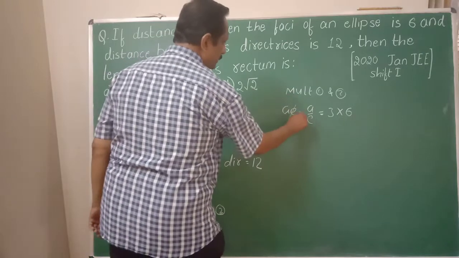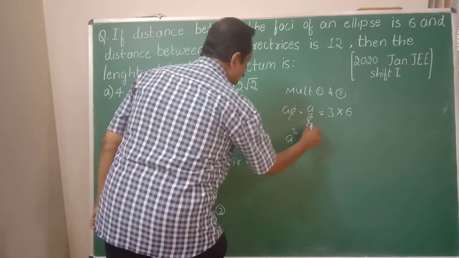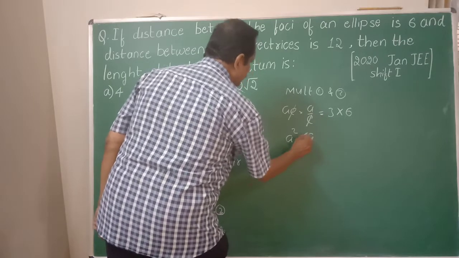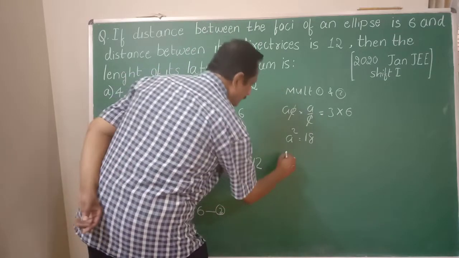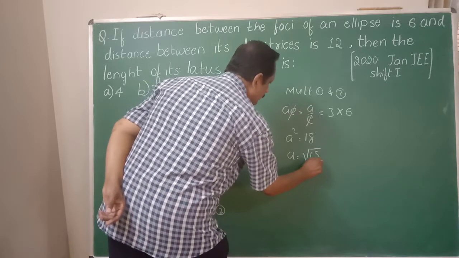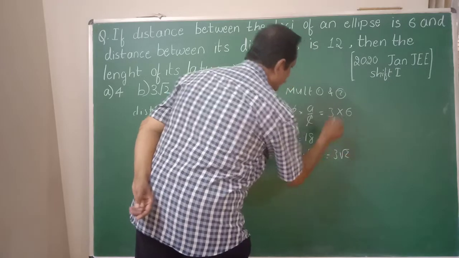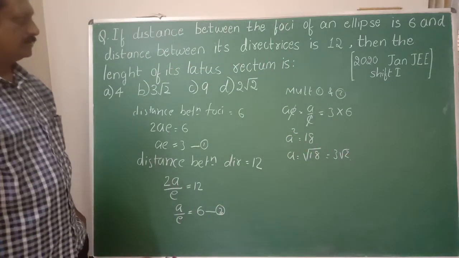Then e and this e cancel here. a into a becomes a square. a square is equal to 6 threes are 18 here. So a square is equal to 18. Yes, a is equal to the root of 18 here. Root of 18 is 3 root 2. Therefore a is equal to 3 root 2.